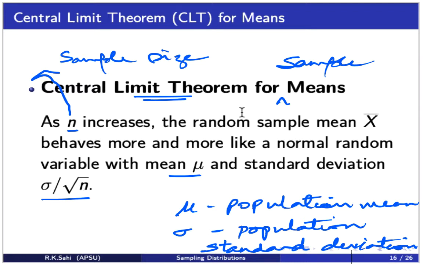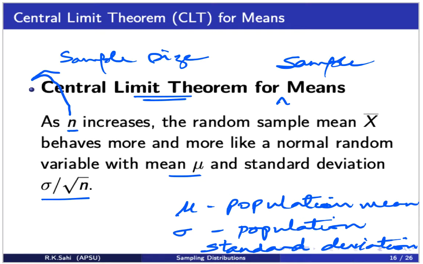Thus we need to know the mean and standard deviation of a random sample mean. And here it says that the mean of a random sample mean x bar is mu, the same as the population mean, and the standard deviation of the random sample mean is given by sigma over square root n.